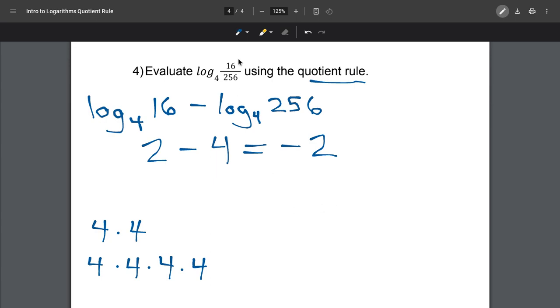If I simplified this fraction, 16 goes into 256. Well, the square root of 256 is 16, so 16 is 1/16 of 256. So this fraction here would simplify to 1 over 16. And let's say we set this equal to x.